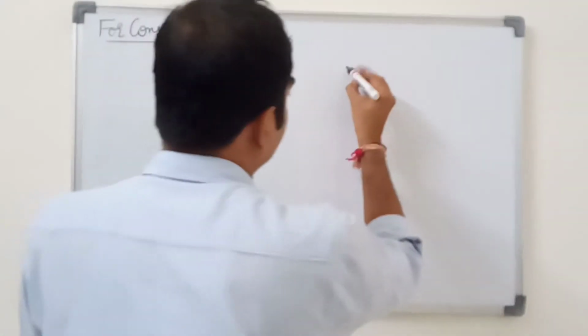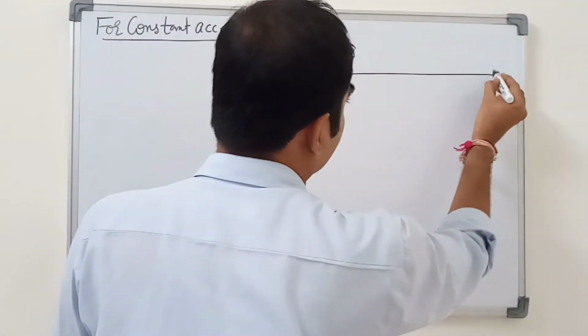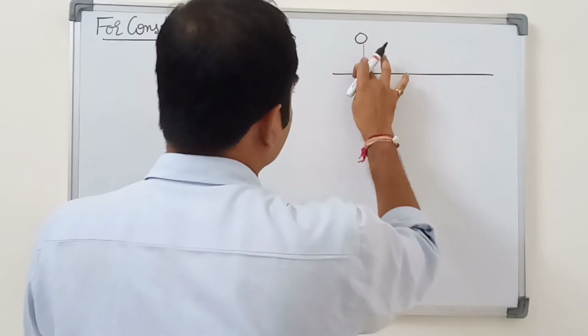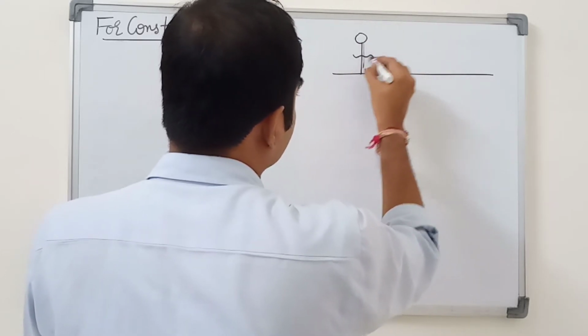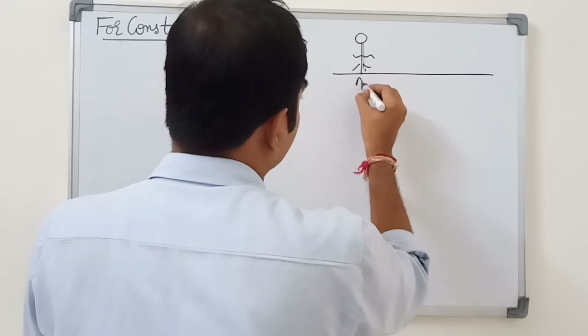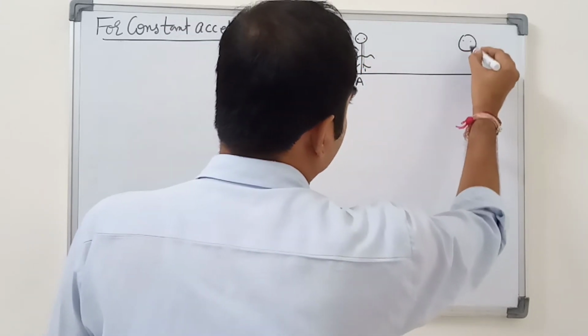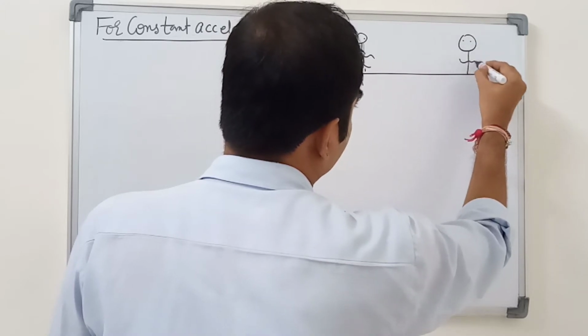You see this picture. This picture gives a very clear message. This is one object, situated at point A, and it travels some distance with constant acceleration.